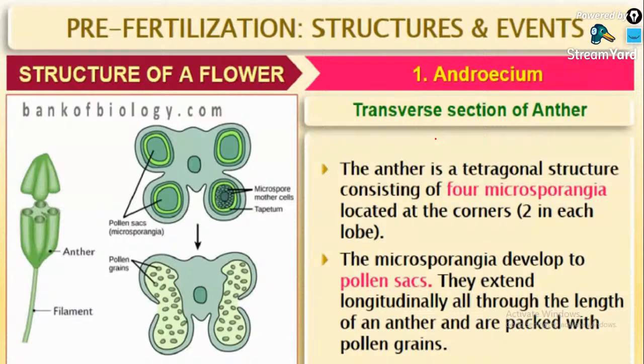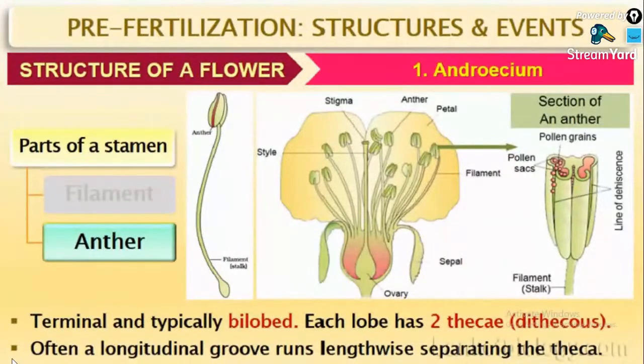Filament is the long, slender, stalk-like structure, and anther is the bilobed dithecous structure which is present at the terminal position, and there is a longitudinal groove that runs lengthwise separating the two thecae.